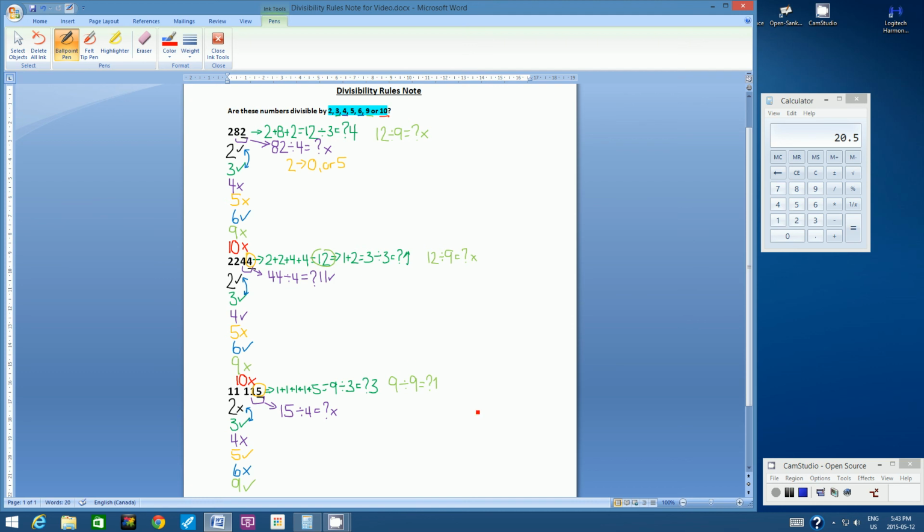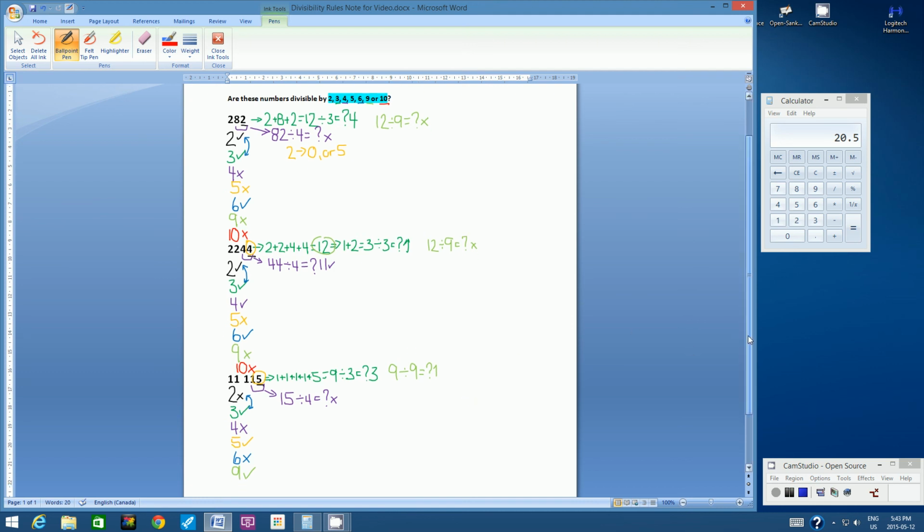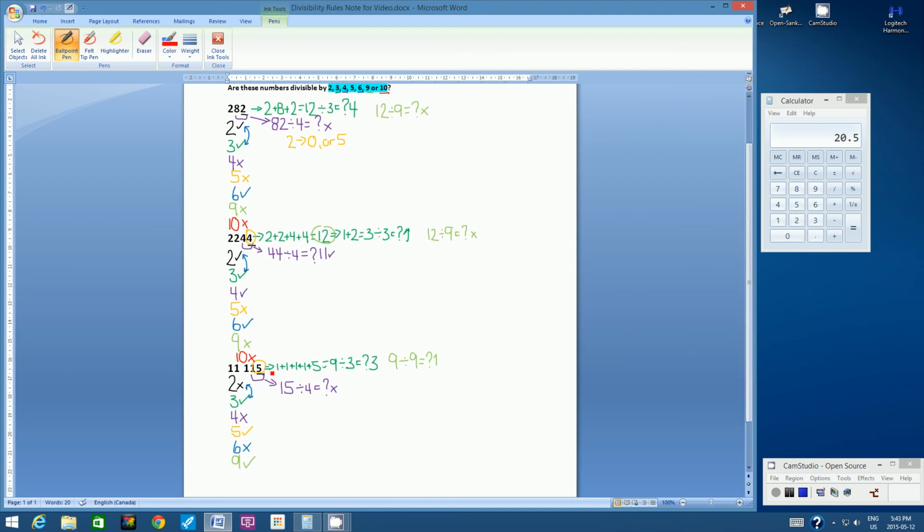And finally, the last example, 11,115. The last digit, the digit in the ones column, is not a 0. So we know that 10 does not divide equally into that number.